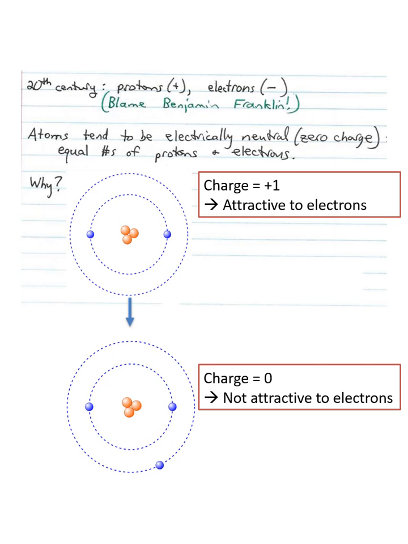A nearby electron in the vicinity will be attracted to it and captured by it, and therefore it'll have a charge of 0 and it'll not be attractive to electrons. So in general, if an atom is charged, it'll tend to attract electrons and make it uncharged.